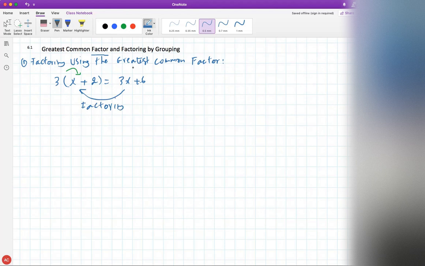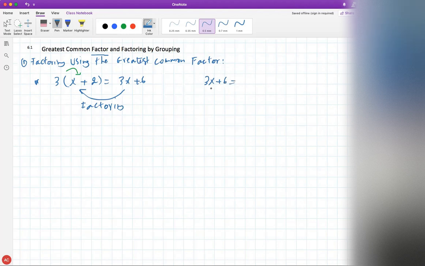So sometimes we need to go back for whatever reason. I'm going to show those reasons later. So we need to rewrite the expression in its original form before we multiply, and we call that factoring. So the way we do that is, we take the expression, and we're going to try to turn it back into this.